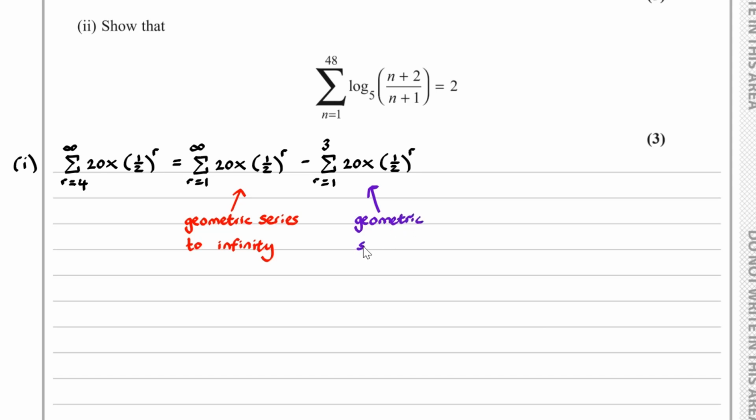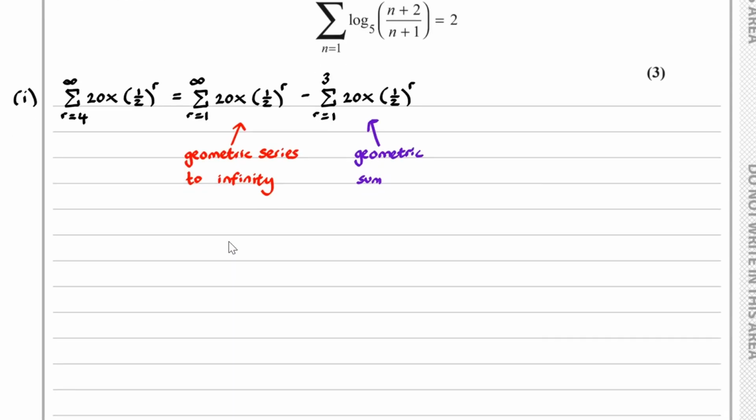And the reason we have this geometric sequence is because we have something to the power of something else, and we're multiplying by a constant term 1/2. So with this we can find out our first term of the geometric series, and that's when r is equal to 1.